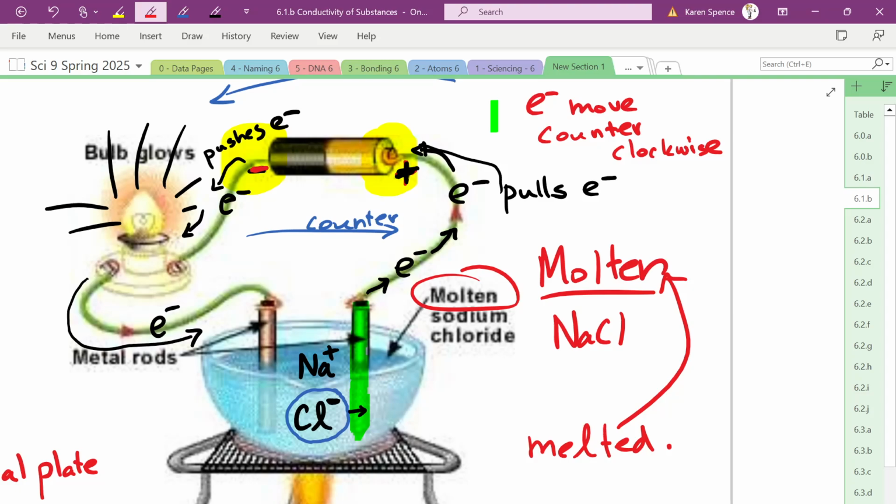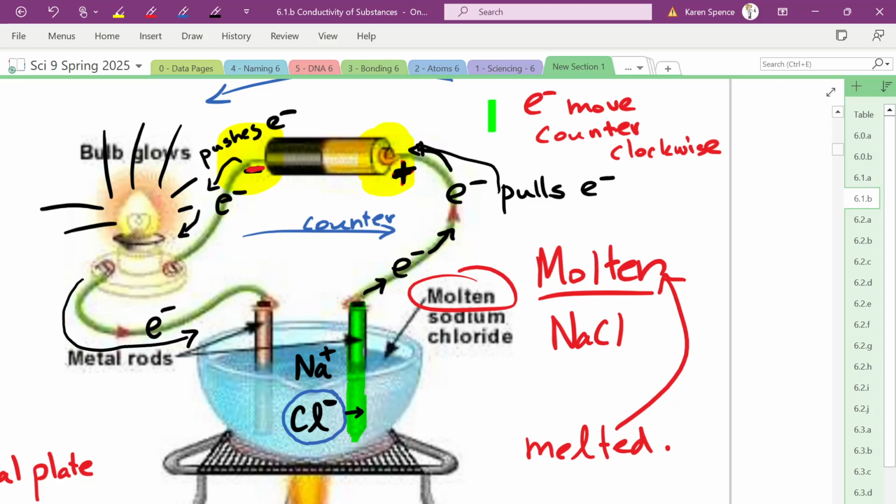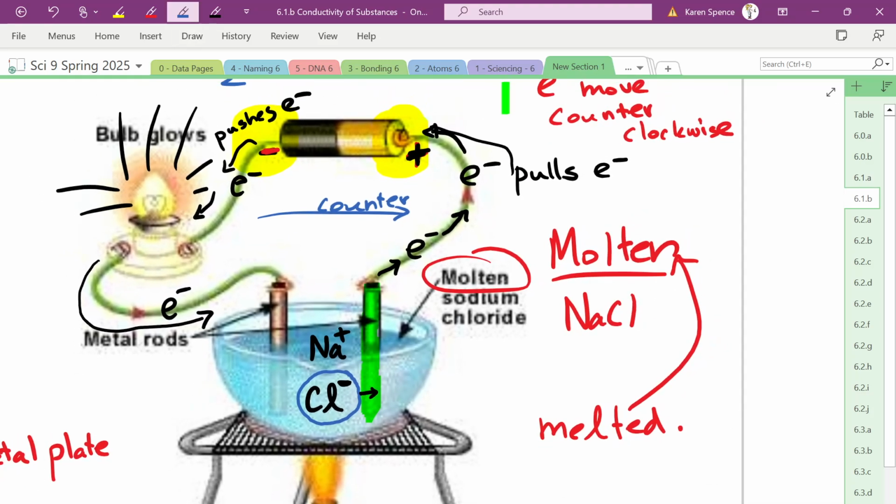And you know what's kind of fun though? If we look at our sodium, which way does the sodium move? It moves to the left. Because it is attracted, because we've got electrons coming in here, so that's going to be a little bit more negative. The sodium's actually going to move there, and it's actually going to grab an electron and become neutral sodium.